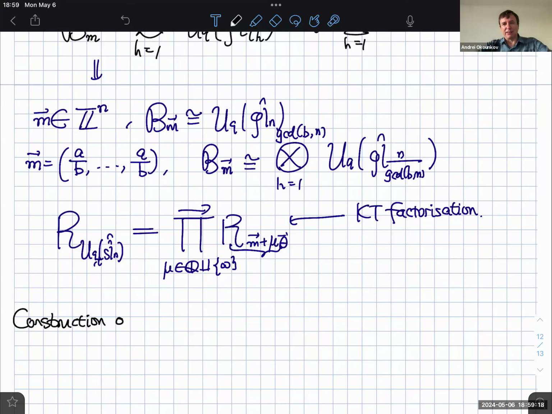Anytime you have that, the R matrix factors. That's Khoroshkin-Tolstoy's argument, more or less, right? Yeah, exactly.